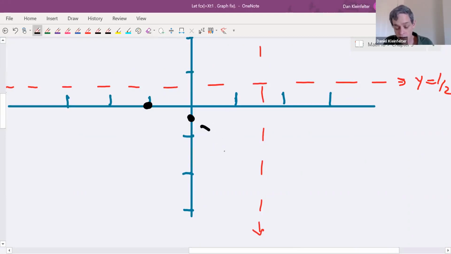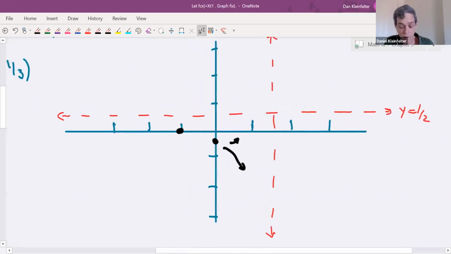Could it go down here or could it go up? I know at this vertical asymptote, it's going to have to go towards positive infinity. The thing is that it can't go up towards positive infinity, because if it did, there would have to be another x-intercept in this interval, and there's not. So that means that it has to go down.